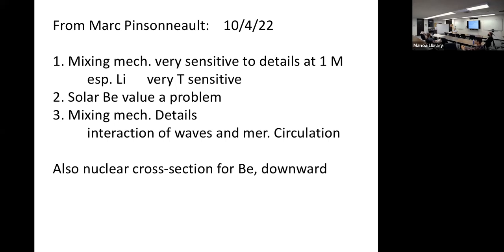Yes, I have a question. I'm slightly surprised that you only have these two outliers, because if you have a binary interaction, I would expect tidal braking to give that slowdown much faster. Can you hear me? If you have binaries with tidal interactions, the star would spin down faster, and then you get lithium depletion faster.